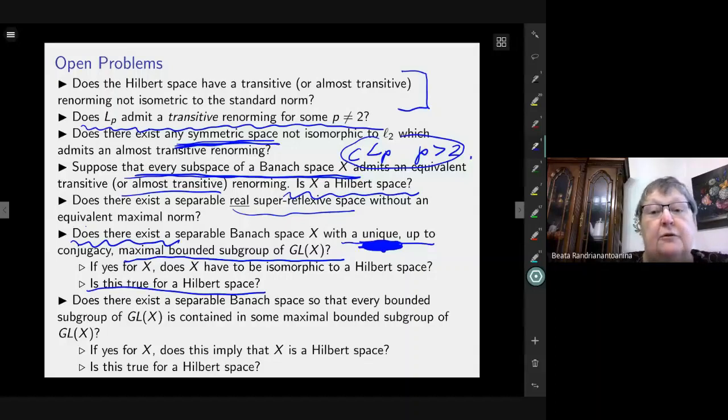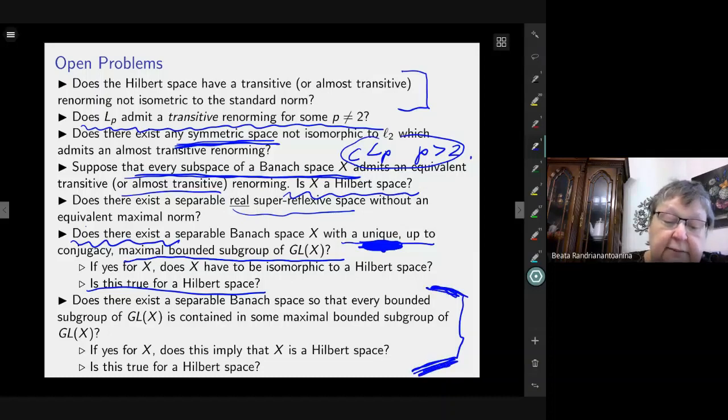We don't know. This is really that isometric part of the Banach-Mazur problem. If it is true for Hilbert space, would Hilbert space be the only space satisfying this condition? And then this is the extension from that last part of the Woods question.